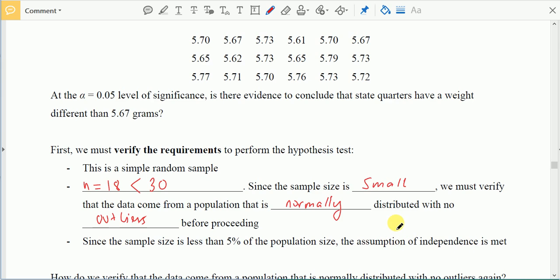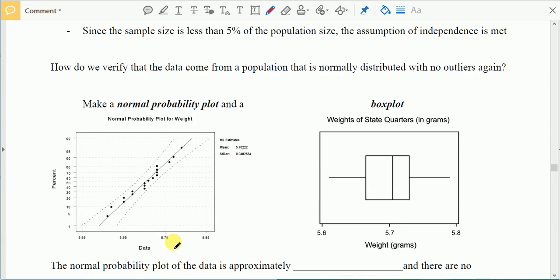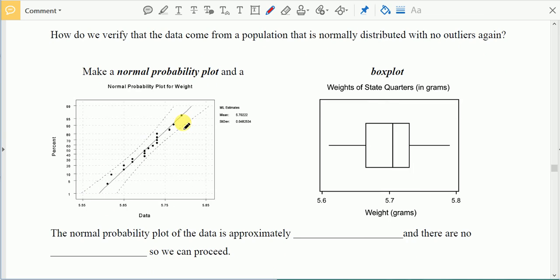Okay, so the next question is, how do we verify that the data come from a population that is normally distributed with no outliers? You can do that with a normal probability plot of all the data, and you see there's no outlier here, or you can see the plot is linear, so no outlier, or you can use a box plot. Usually I'll tell you whether the data has outliers or not, so you shouldn't worry much about this.